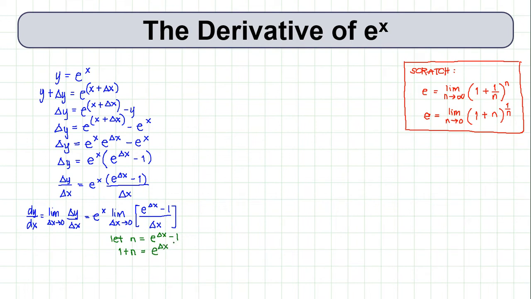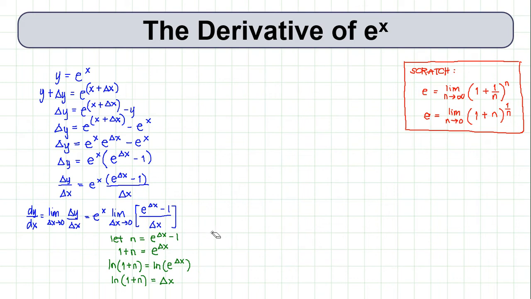Diba? Ganyan. Okay. Tapos para makuha natin yung delta x, gagamit tayo ng logarithm or ln. No? ln of 1 plus n is equal to ln of e to the delta x, right? And dahil ganyan, we now have ln of 1 plus n equal to delta x. So yan na ngayon ang ipapalit natin dito, no? Para mawala yung ating delta x na yan.